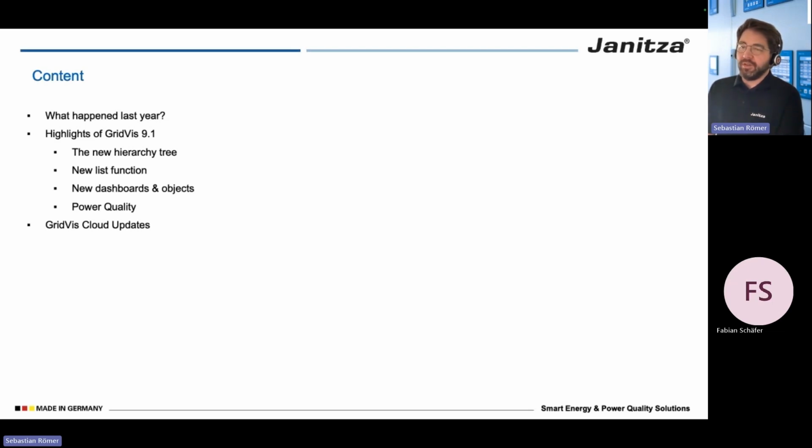After that, I will give you all the updates to the dashboards and objects. And last but not least, I would like to give you all the new details on power quality in GridVis 9.1. And after that, Fabian will tell you everything that is new in GridVis Cloud.